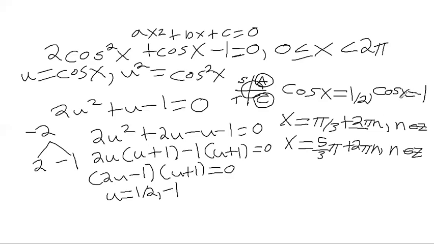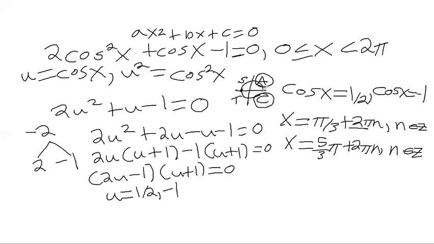Now for this one here, cosine of x equals -1. Well, since the interval is from 0 less than or equal to x less than 2 pi, where does cosine equal -1? Well, not here, but right there.